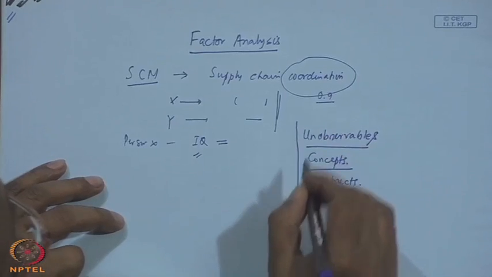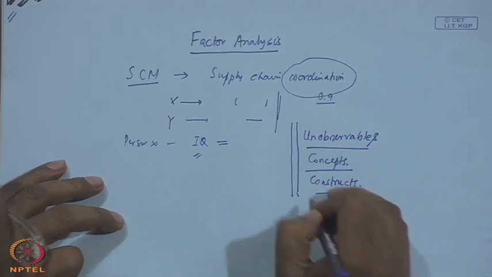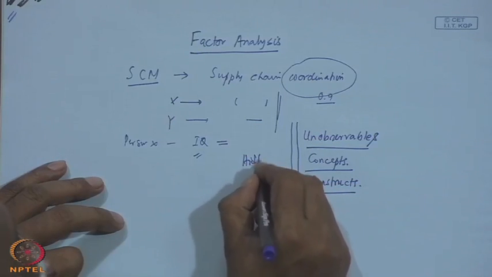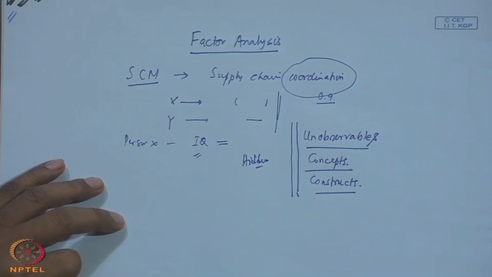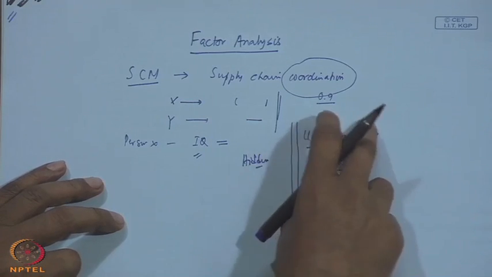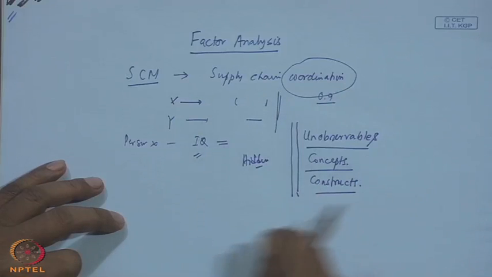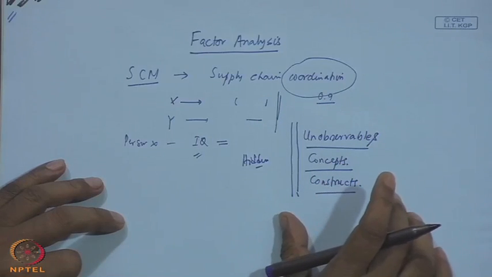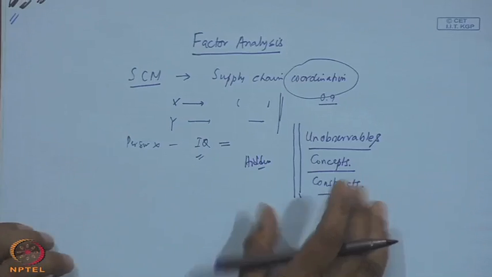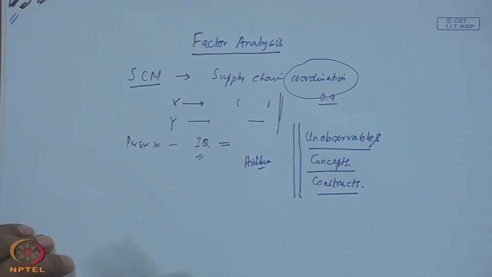Suppose the quality of work life is not good, then human productivity, safety and other issues in the company will be poor. So, although there are many unobservable things like these, concepts, constructs, which cannot be directly measured, because of their presence they are manifested into different symptoms.